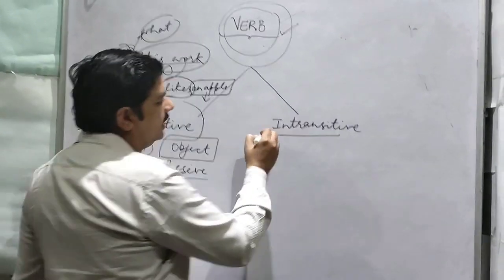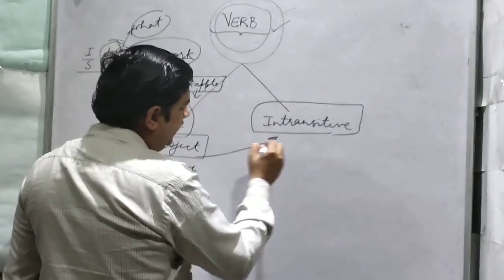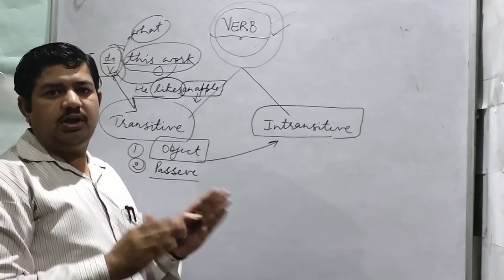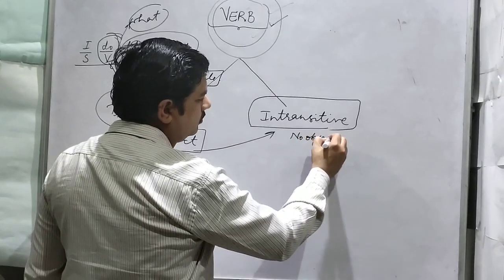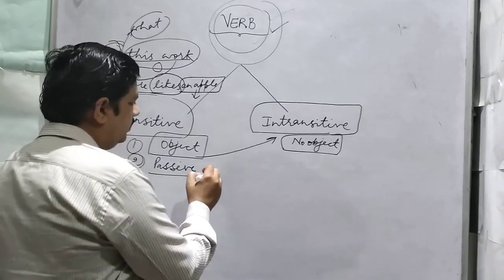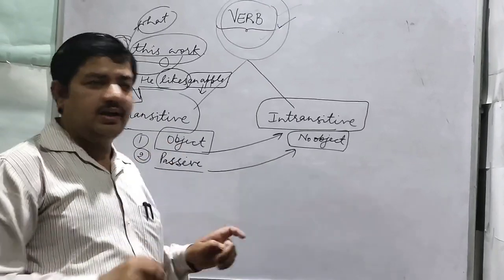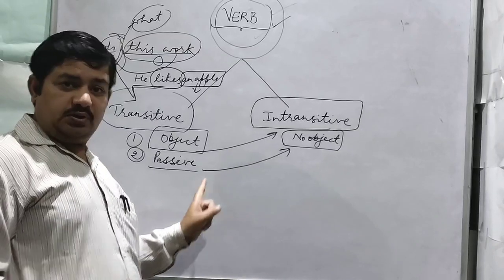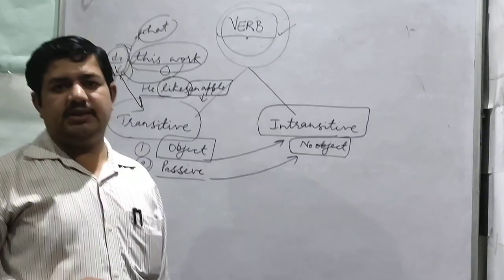Now we should move to the intransitive verb. The same thing: when you feel that there is no need for a particular object, or when you feel it is very hard to convert that sentence into passive form, you should feel that the verb is intransitive.